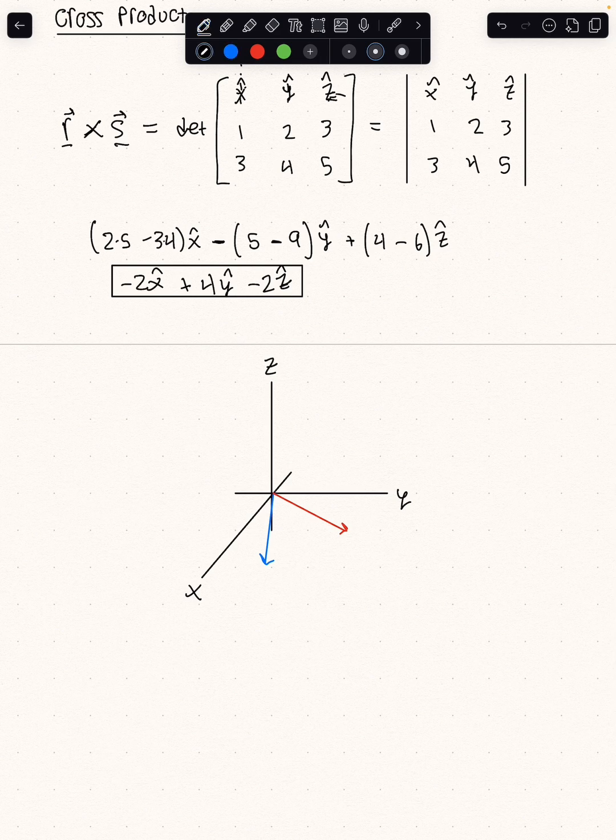So if this is in the xy plane, we'll have another vector along the z axis specifically, and the length of that vector is going to be determined by the parallelogram created by these two vectors.